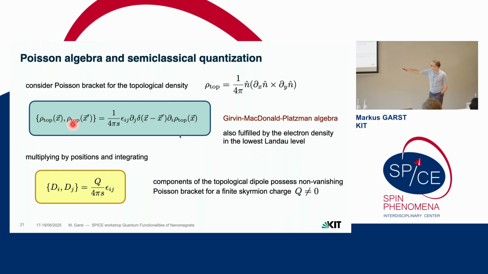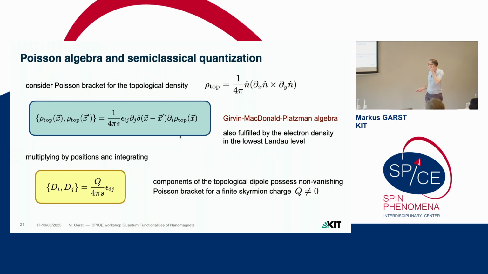So if you now multiply by x and multiply by x prime, and integrate over space twice, then you get the Poisson bracket of the two dipole moments. If you do that exercise, you find that the right-hand side does not vanish, provided that you have a topological texture with finite topological charge.